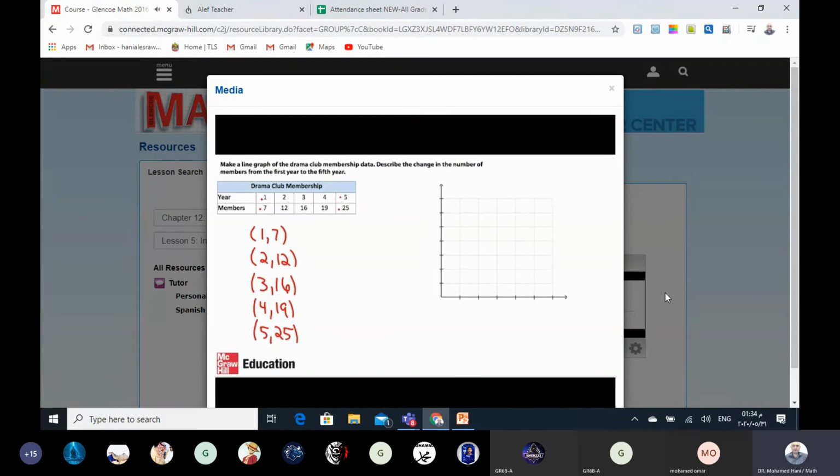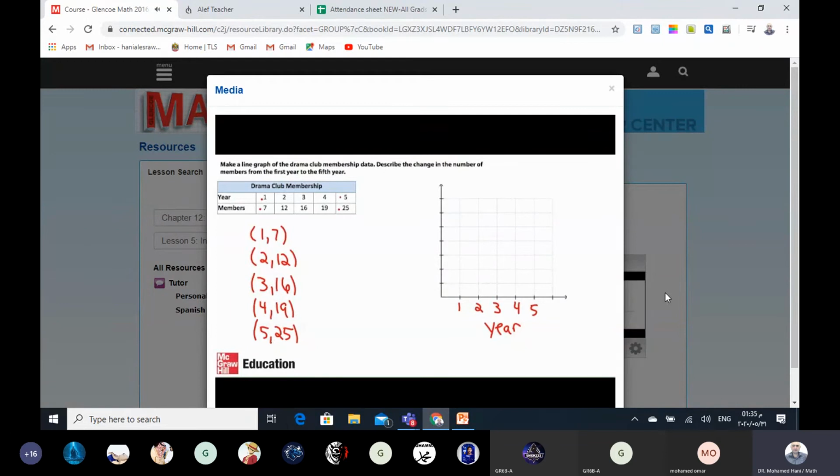Let's take a look at this graph. Notice that we don't have any numbers written on it. Our horizontal axis is going to correspond to the year, and that's easy because we just have 1 through 5. So I'll put those down on the horizontal axis. Now for the vertical axis, this is a little more challenging. We have a minimum number of 7. Maximum number is 25.